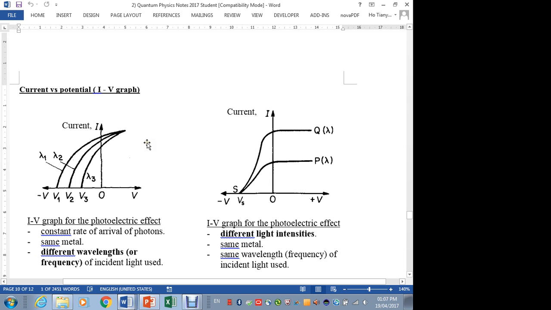Which way is correct? Actually, we don't care, but we like the S curve more, because that means there are more electrons near the middle speed, middle energies. So the S curve is nicer. This curve, not so good.